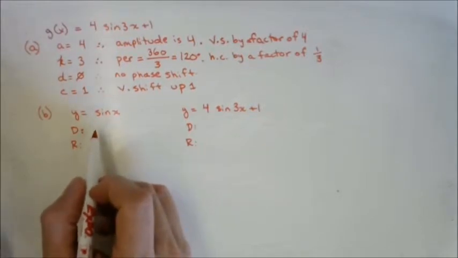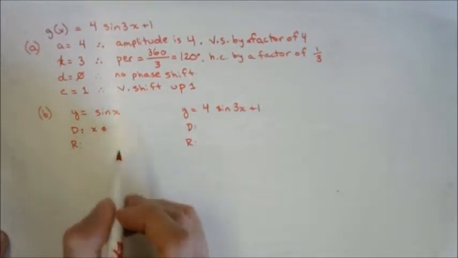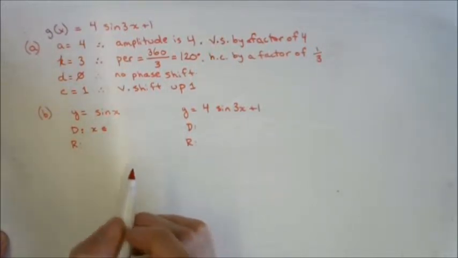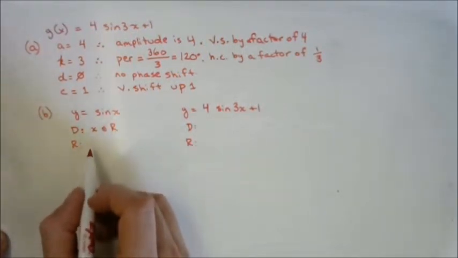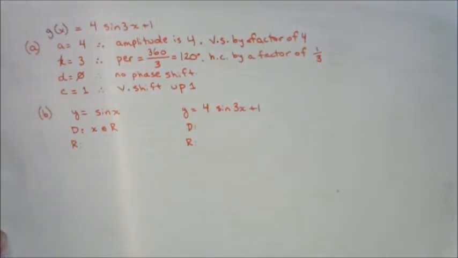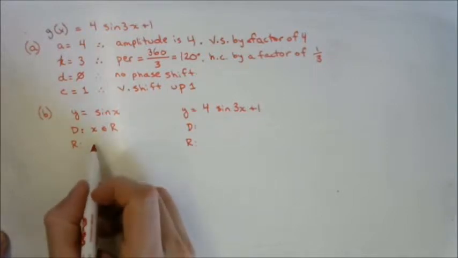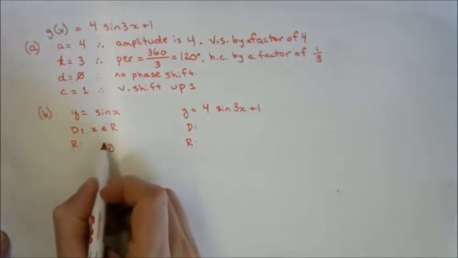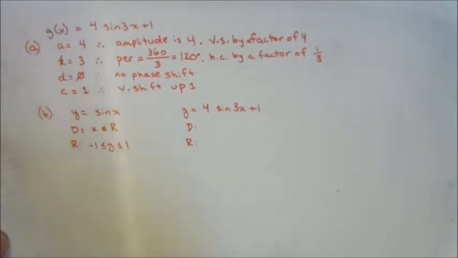Sine of x, what's the domain? X belongs to the set of real numbers. Range? Stay within -1 and 1. So y is greater than or equal to -1 and less than or equal to 1. Okay?